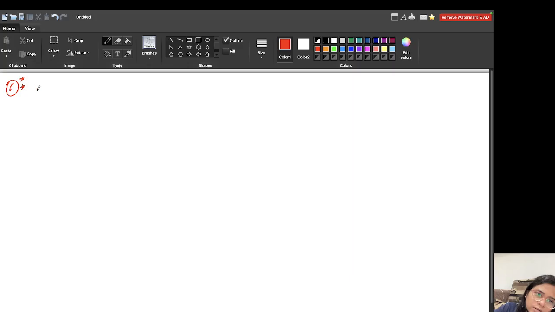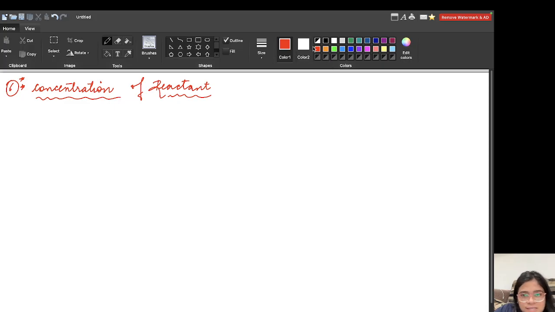Very important point: concentration of reactant. See, this is very confusing. Why? Because sometimes rate of reaction increases with increase in concentration. Sometimes the rate of reaction decreases with increase in concentration.